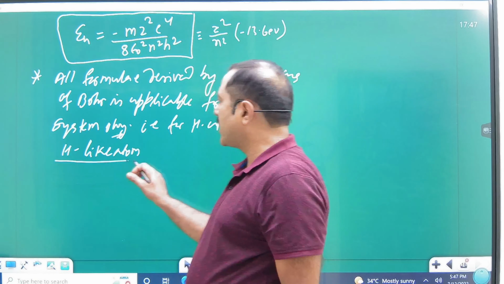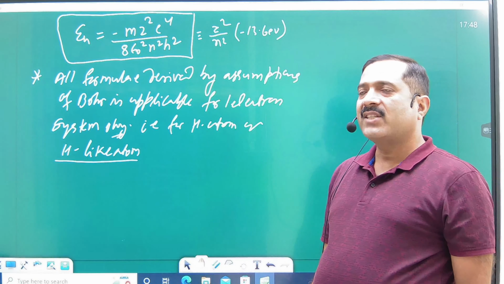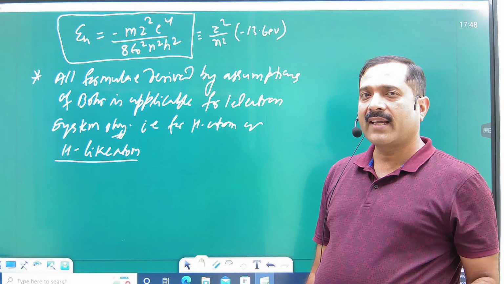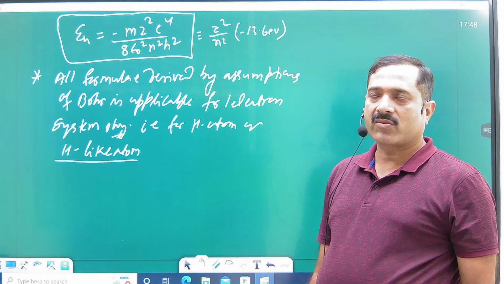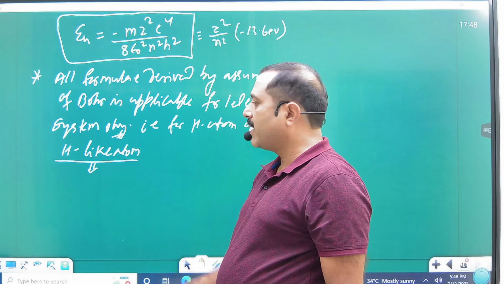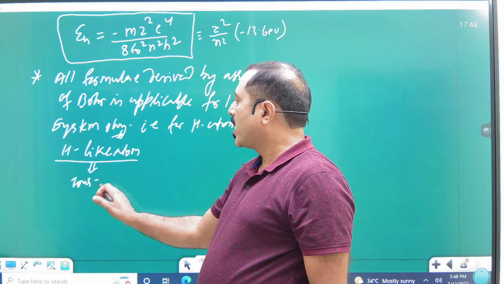What is a hydrogen-like atom? It is a species having the same number of electrons as hydrogen, but it is not a naturally occurring element, rather an ion having one electron.